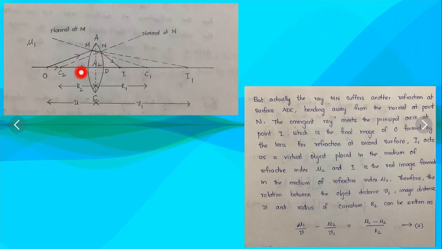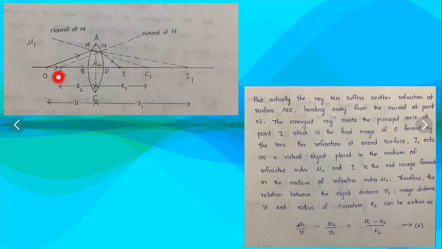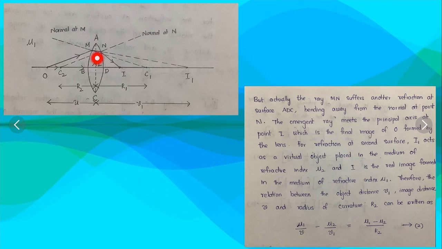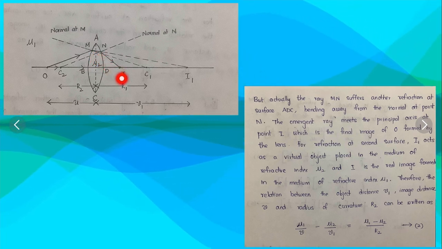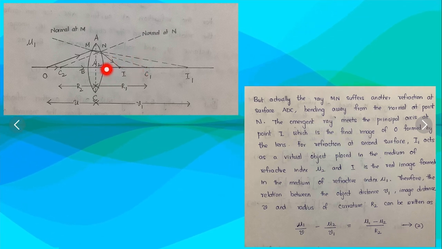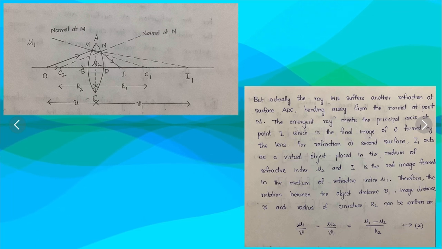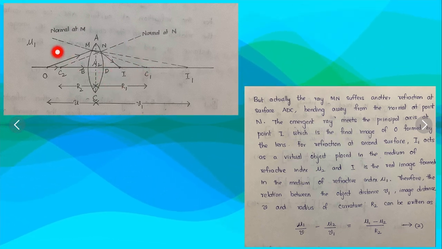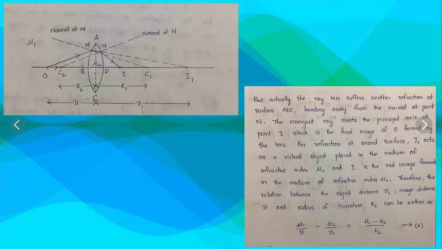bending away from the normal at the point N. What is the normal at N? NC2 is the normal at N. So the ray bends away from the normal and comes along NI. The emergent ray meets the principal axis at the point I. This is the final image of the object O formed by the lens.